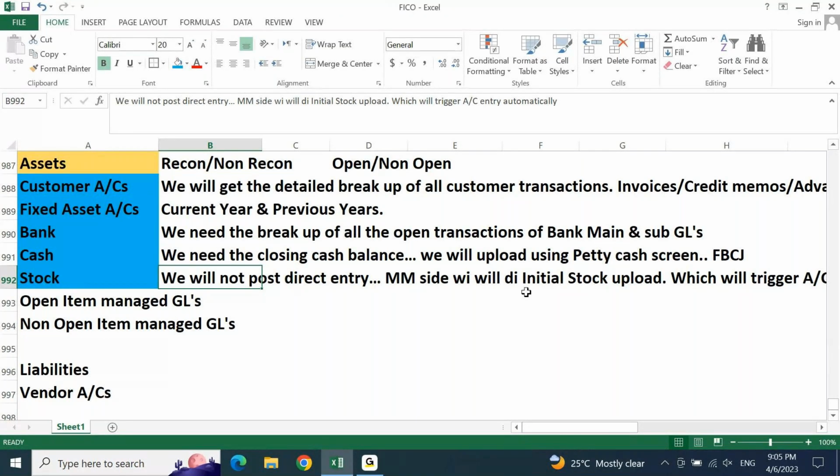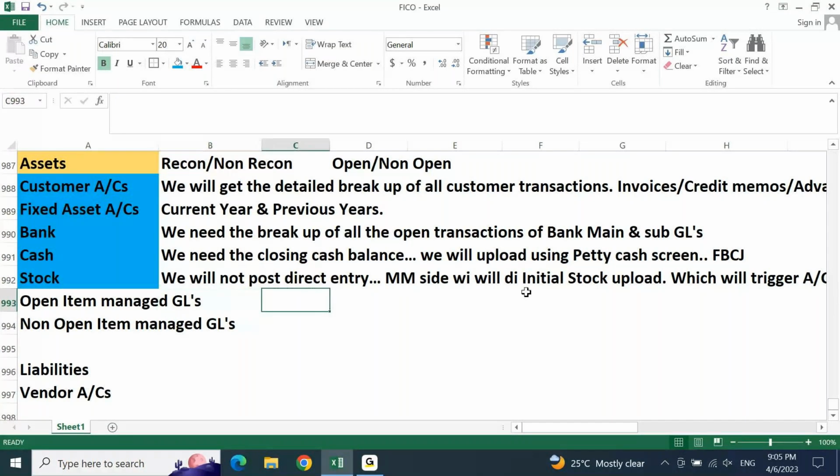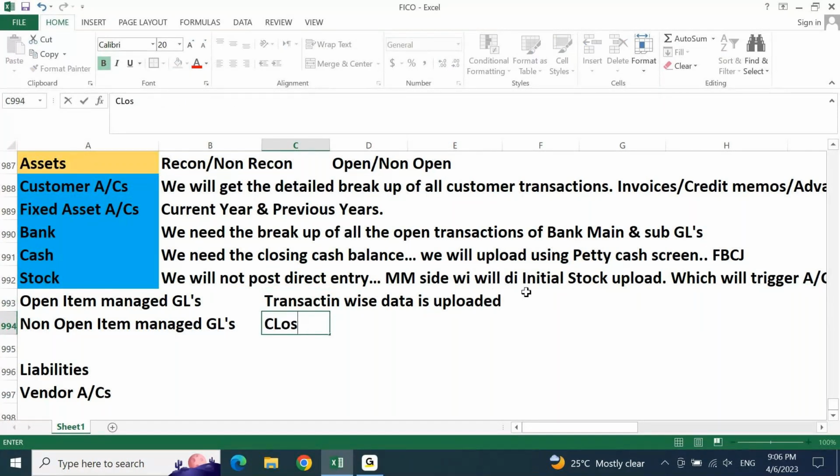And for all other open item GLs, like any other receivable kind of entries, or for any non-open item related GL accounts, you will get the data. For open item, transaction wise data is uploaded. For non-open item, closing balance will be uploaded.